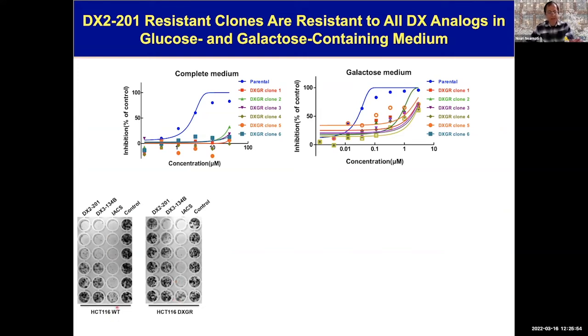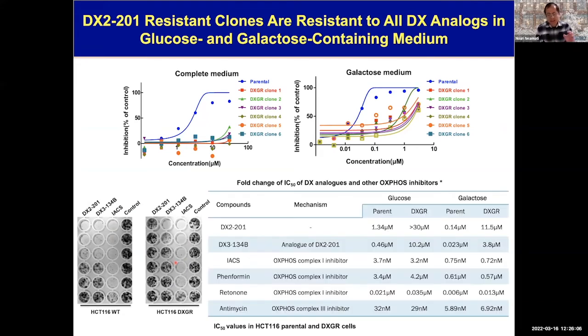What this means is that our compound has a completely different target than the IACS compound. We kind of expected that because structurally they are very different. And they also have a very different mechanism from other complex 1 inhibitors such as metformin, phenformin, rotenone and antimycin. So we are dealing with a class of compounds that are really unique, with a novel target, and structurally also unique.